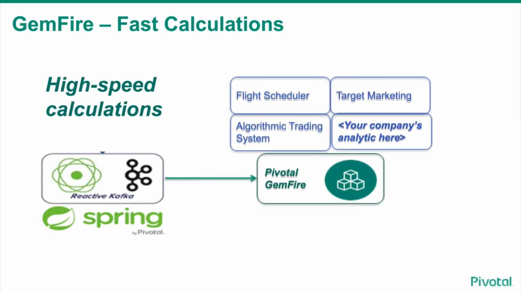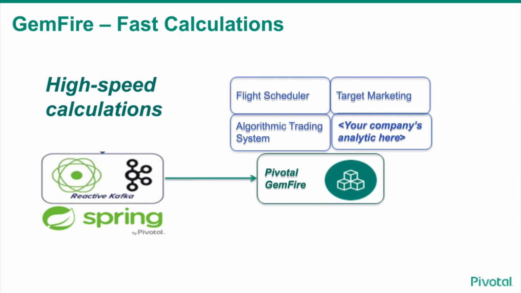And the last reason is because I'm doing very high-speed calculations in memory. In this case, as I'm streaming price quotes in, I have an algorithmic trading system analyzing orders. But you have your company and you have your analytics.